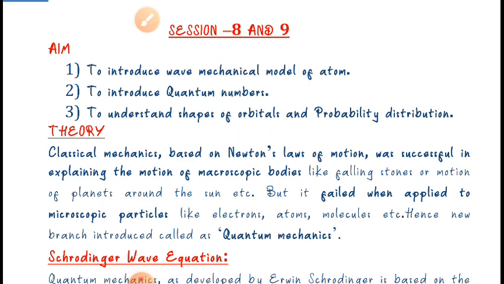According to Bohr atomic theory, the electron will be in a fixed position and will have a fixed energy. But when we compare this with the Heisenberg uncertainty principle, the Bohr theory fails.